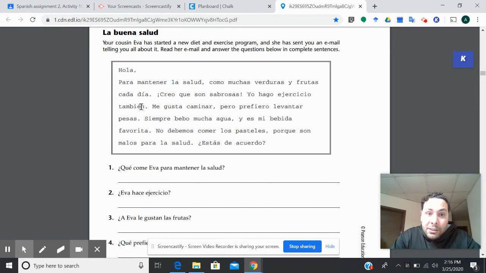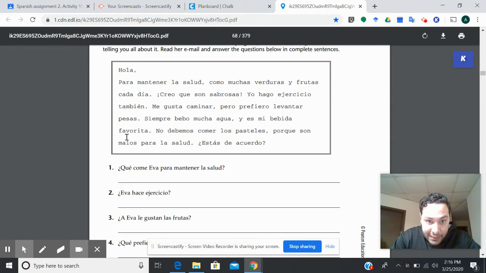Yo hago ejercicio también. I do exercise as well. Me gusta caminar, pero prefiero levantar pesas. I like to walk, but I prefer to lift weights. Siempre bebo mucho agua. I always drink a lot of water. Y es mi bebida favorita. And it's my favorite drink.